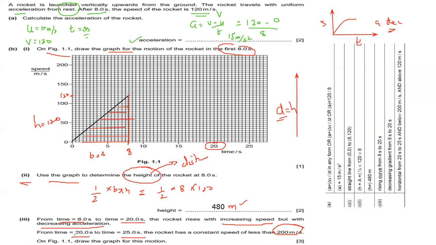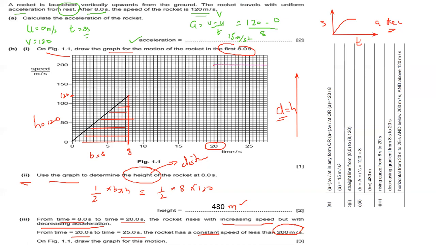As you read in the second statement, it reaches a speed of 200 meter per second. So at 20 second, it should have a speed of 200 meter per second. And then it will continue to move with a constant speed. So constant speed means it will be a straight line.